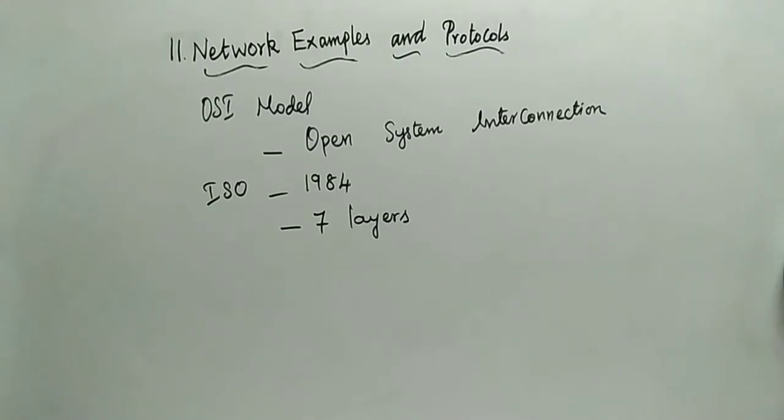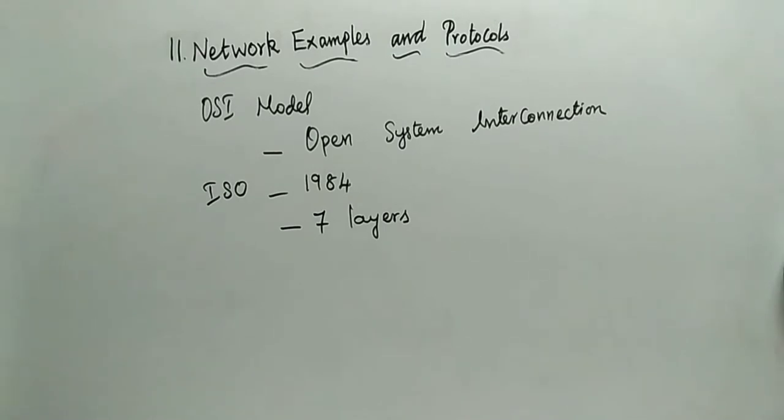Why do you need such layers, and what is their purpose? For example, you are sending information from your computer to another computer. In each and every computer you will have 7 layers. Each layer performs the function allocated to it, then passes the data to the next layer, and finally it reaches the last layer in your computer.